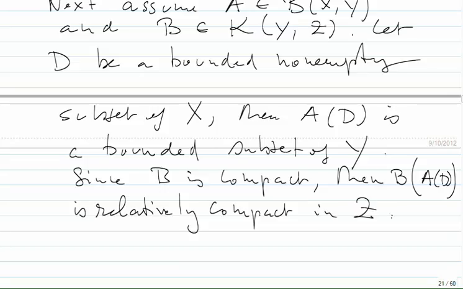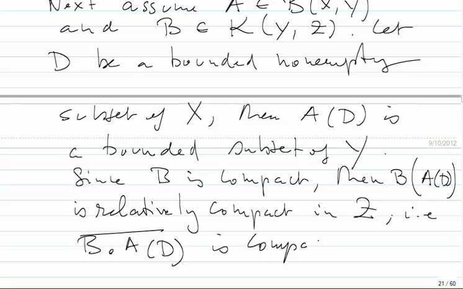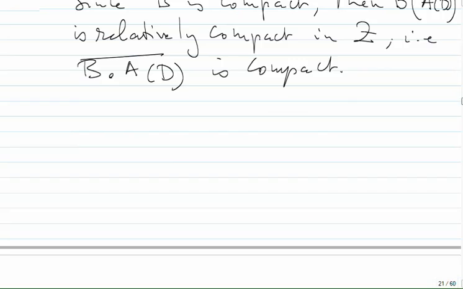In other words, B composed with A of D is compact. So the image of a bounded set from X by the composed map is compact, therefore the composition is compact. So B composed with A belongs to K from X to Z.